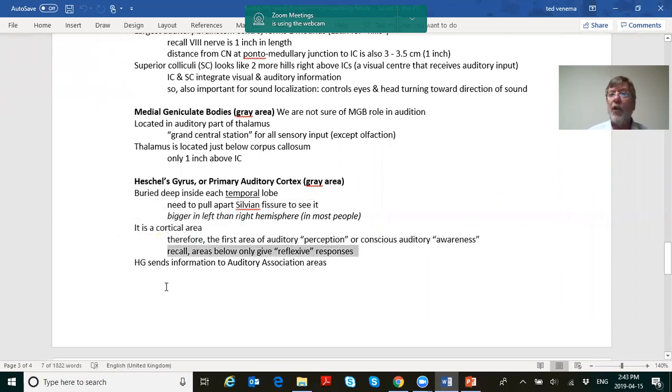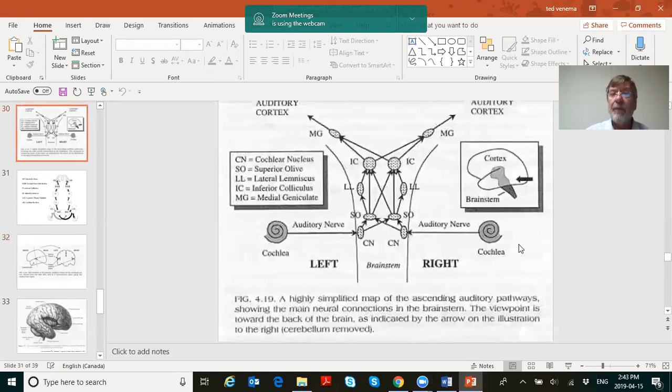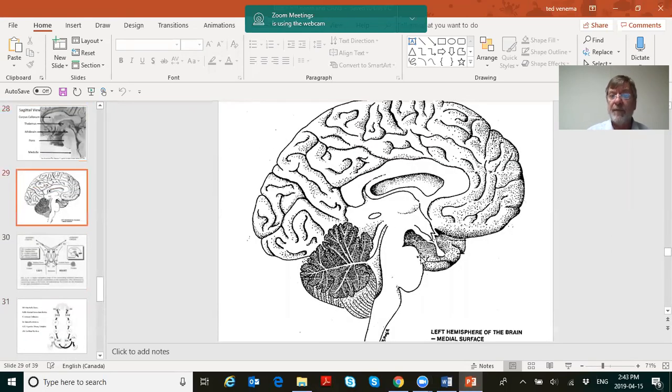Recall, the areas below only give reflexive response. Think of the brain very simply: the brain has a new area and an old area. So when you're looking here, this is the old area of the brain, the ancient area. This is the neocortex, the new part of the brain.